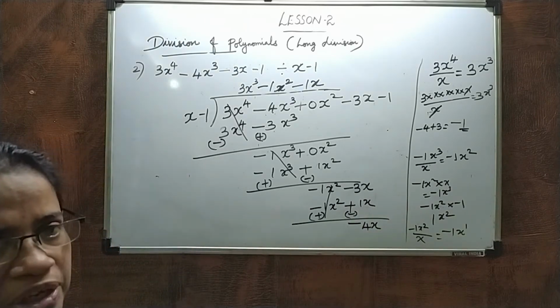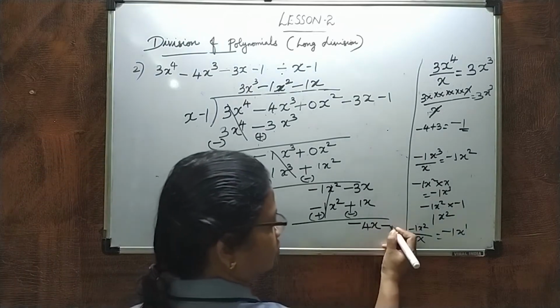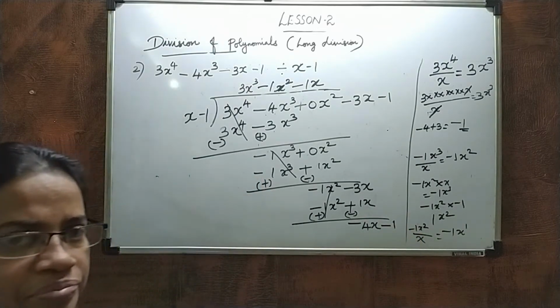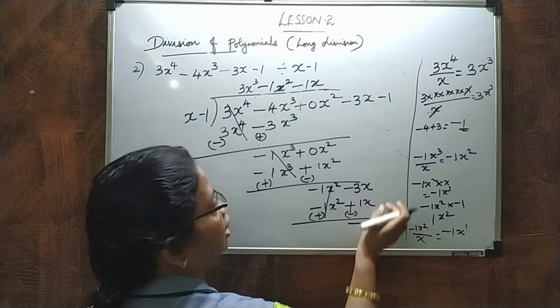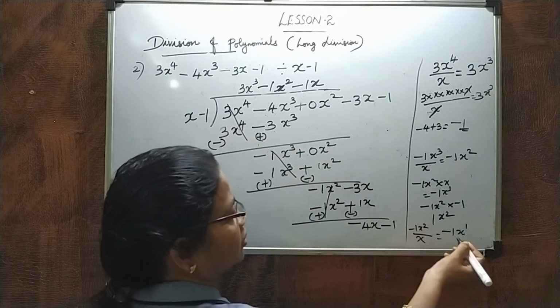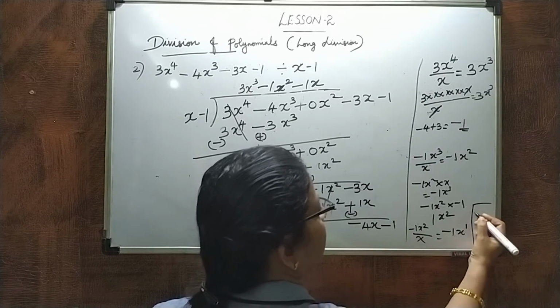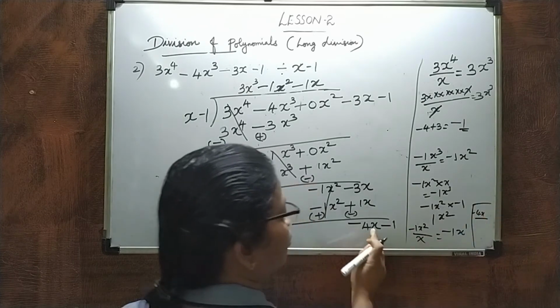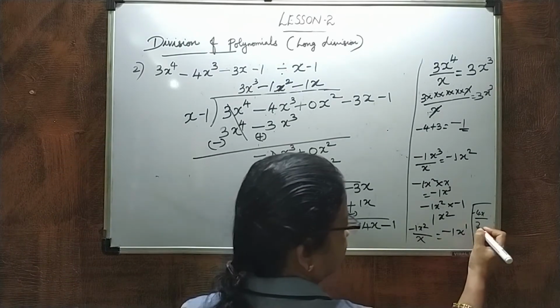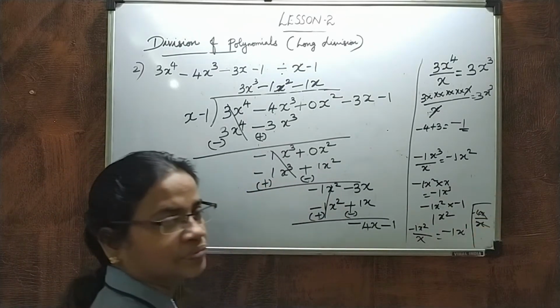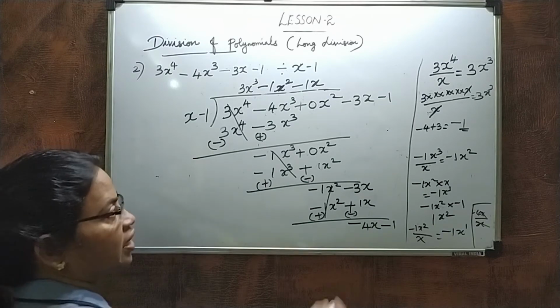Again subtraction completed, take the next term down, minus 1. What do you have to do then? Negative 4x divided by x: first term of the dividend divided by first term of the divisor, x and x cancelled. Balance it is negative 4.